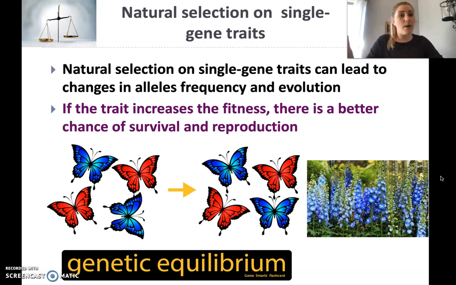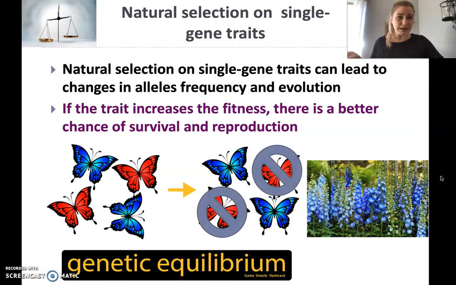If we have a population of butterflies and we have 50% of them as blue and 50% of them as red, that is going to possibly shift in an environment where we only have blue flowers. Over time, those red butterflies are probably going to be eaten by birds, just like how the white moths were eaten when the Industrial Revolution started, with the peppered moth lab that we talked about a couple weeks ago.